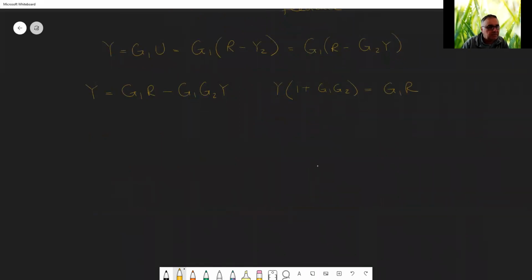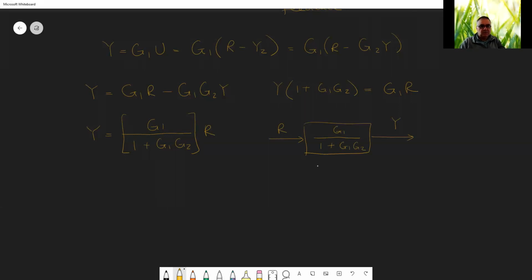So we have Y equal to G1 over 1 plus G1 G2, times R. And this is the general transfer function of the feedback system. Okay, the thing inside the brackets. So if I have an R here, what I have in this box as a Y, the reduced feedback system, is G1 divided by 1 plus G1 G2.